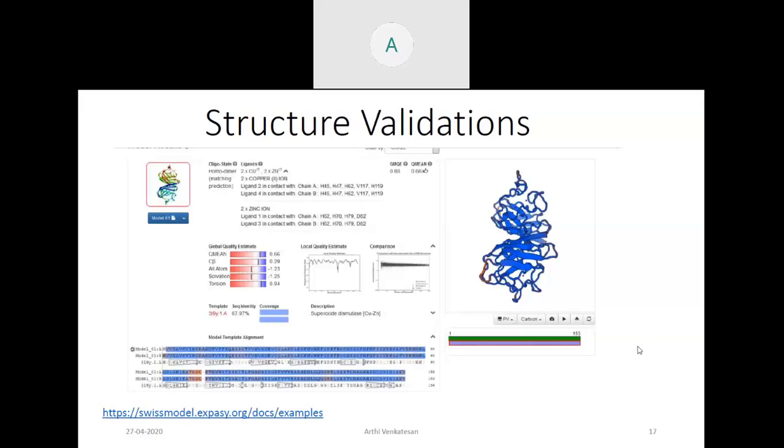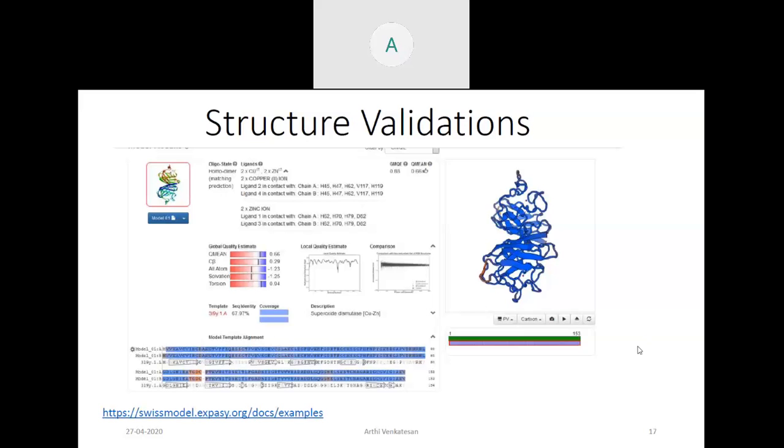Here it will be mentioned about alpha helix and beta pleated sheets, and even the template identity, here it is 67.97% identity. Not a good model, but you can consider it as a good model also. If it is above 80 or 90%, you can consider it as a precise model.